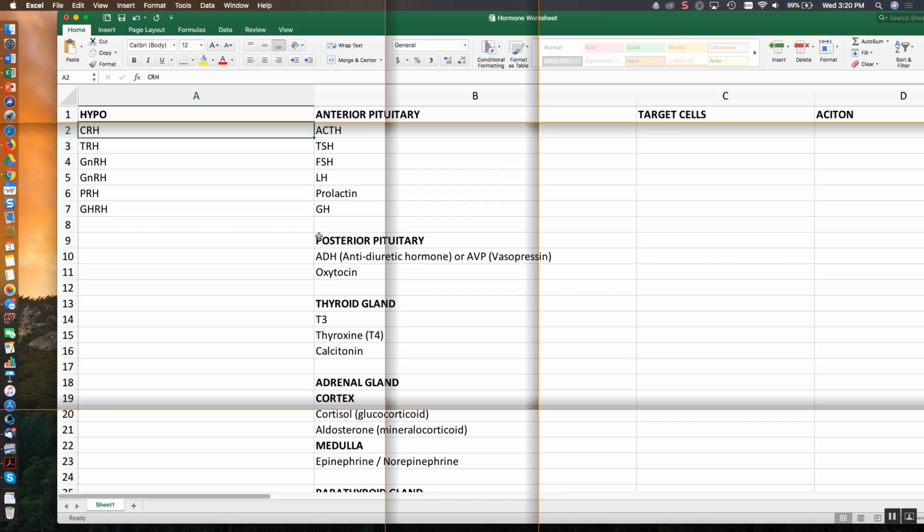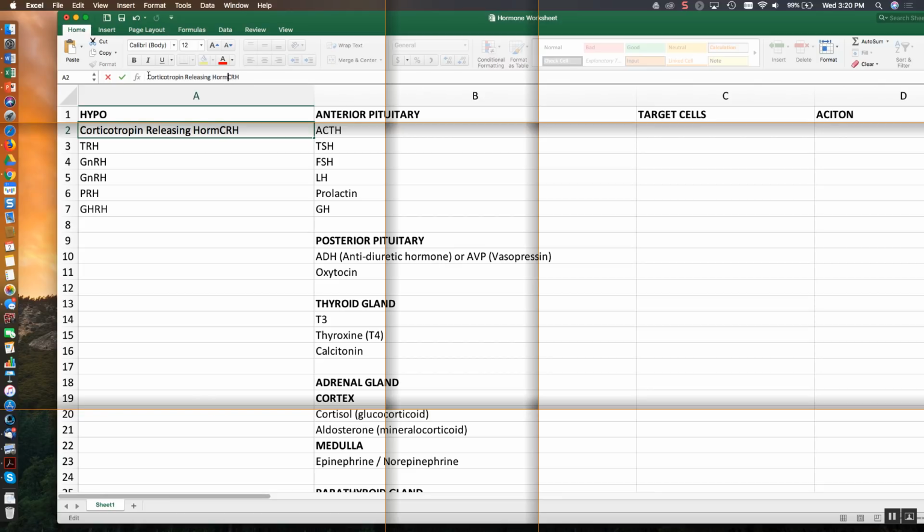Okay, so let's go ahead and start at the top here. You don't have to write this because like I said, but I'm going to be more complete here. CRH is corticotropin releasing hormone, or CRH.